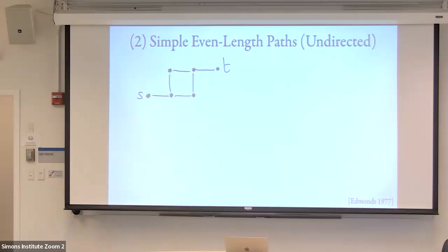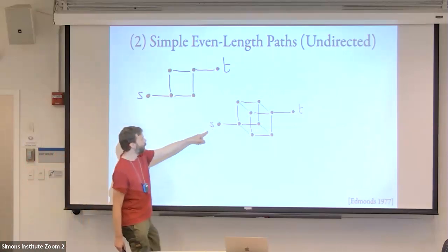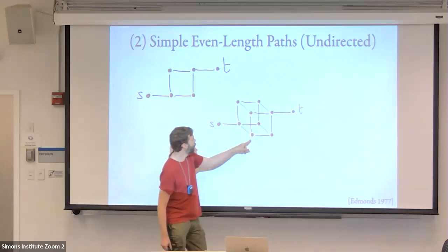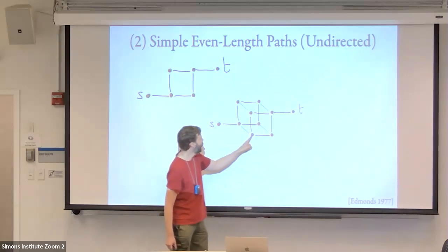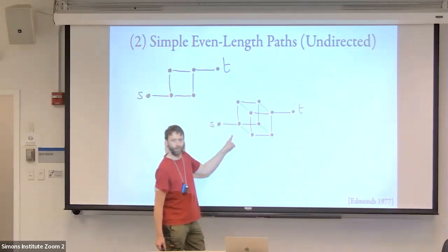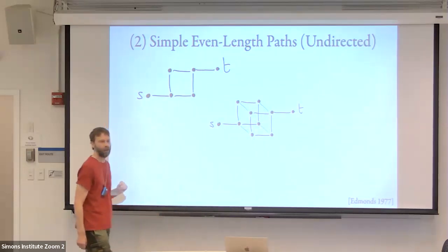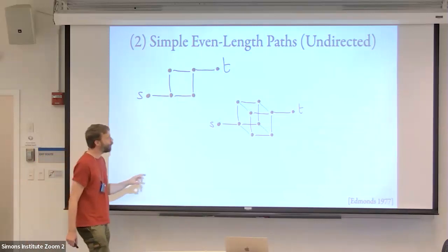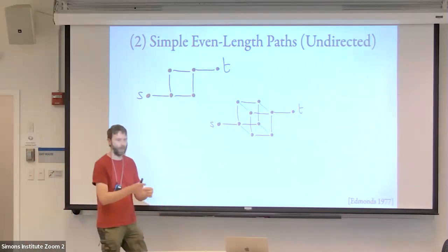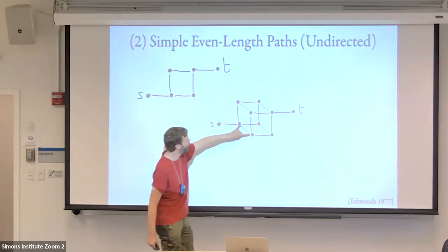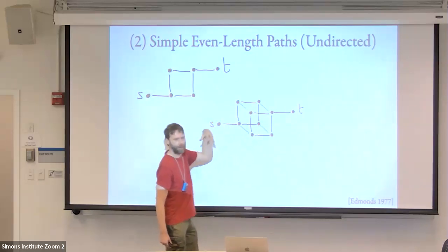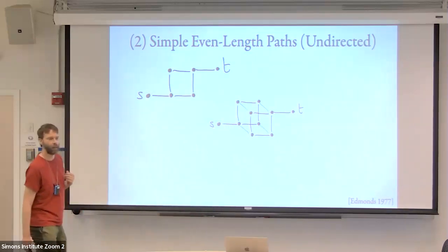So here is your graph. What you do is you make two copies of your graph. In one copy, you delete your source node, and in the other copy, you delete your target node. Then you add these blue edges, which are between nodes that are the same in the two graphs.